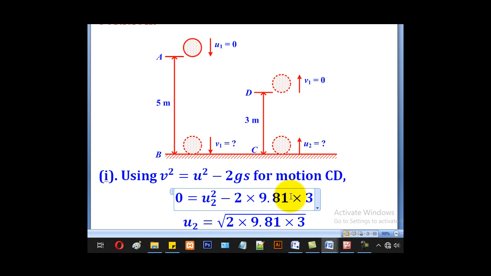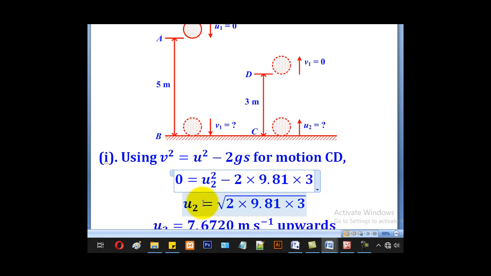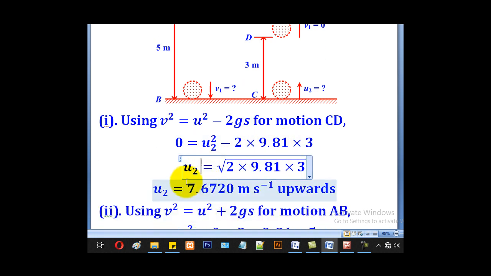You should note that, because elsewhere it has a different value. Others use 9.8 and others use 10. But in A-level physics, we shall use 9.81. Then the displacement is 3. When we make u2 the subject, we shall come up with 7.6720 meters per second upwards. I think you can see it's going upwards because it is rebounding. So that is the velocity they wanted in Roman 1.